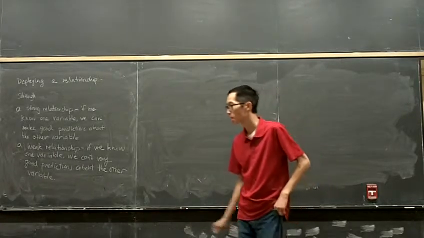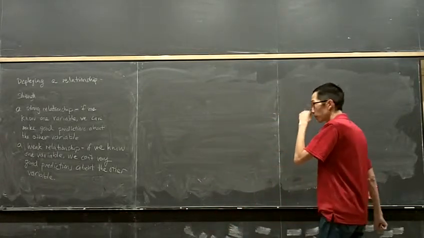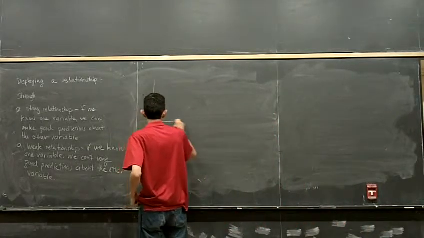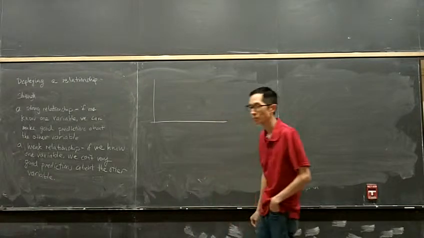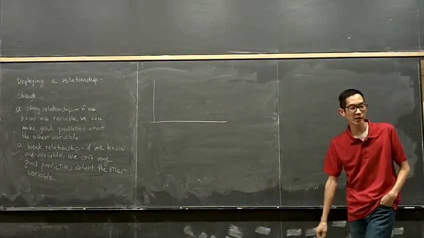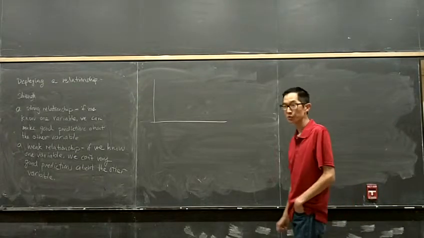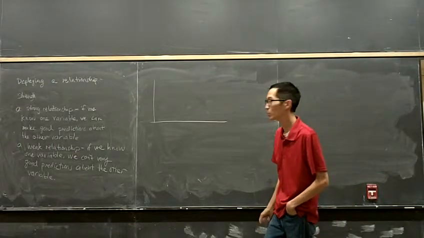So let's think of a couple examples here. Let's say we looked at someone's shoe size. Shoe size is one variable.